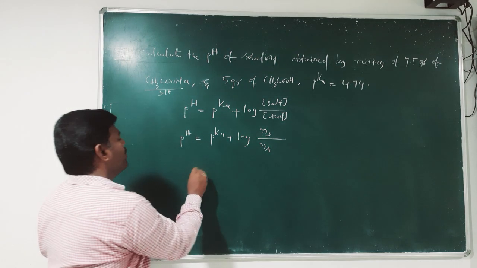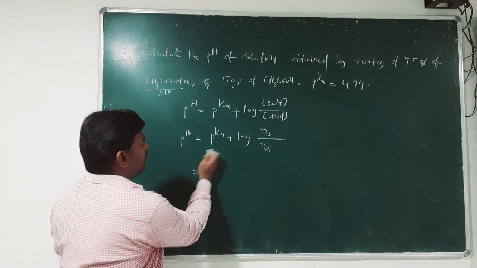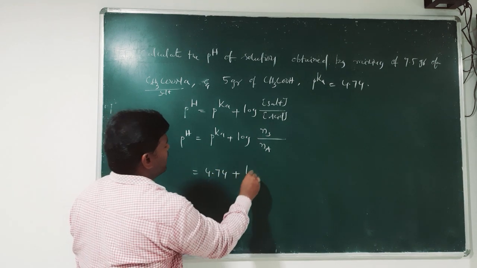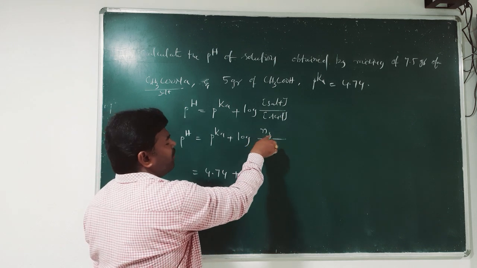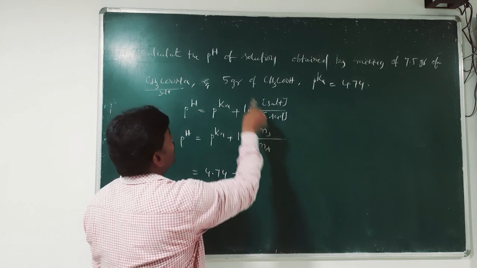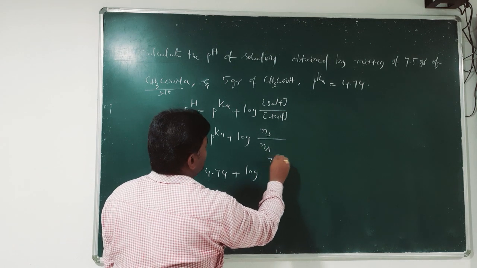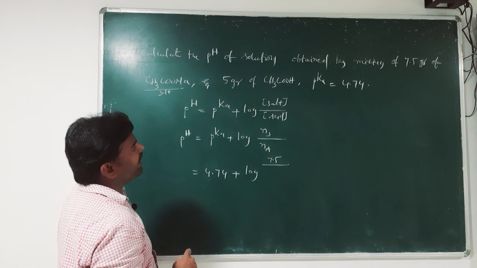So pH is equal to pKa plus log of moles of salt over moles of acid. The given pKa value is 4.74. The number of moles of salt is obtained by weight divided by molecular weight. The weight of the salt is 7.5, and the molecular weight of sodium acetate is 82.